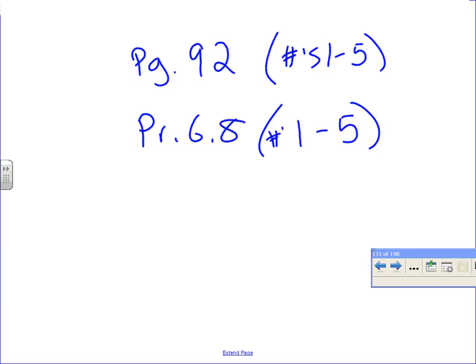Okay, that's all. Do not go further because there are things I still have to teach you tomorrow. Even if you think you know what you're doing, I don't want you to mess up and be confused. Tomorrow we'll finish up factorials. So page 92 in the homework packet, 1 to 5, and then practice 6.8, 1 to 5 as well.